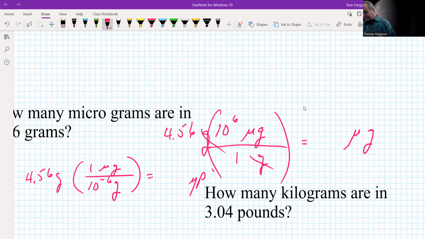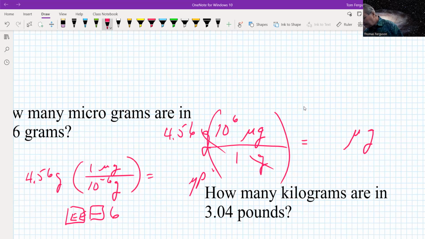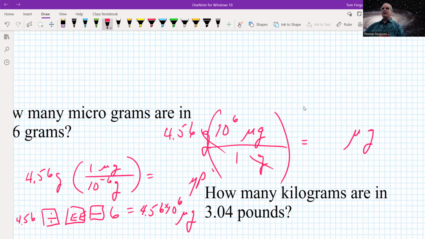So we're going to be using EE now. So that's 4.56 times 10 to the 6 micrograms. And the same calculation up here.